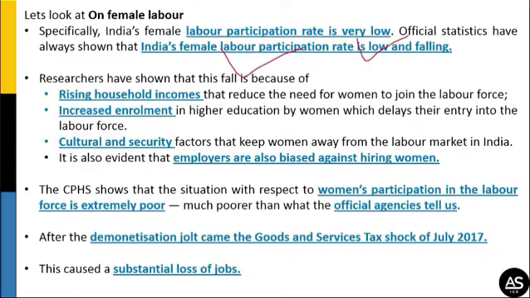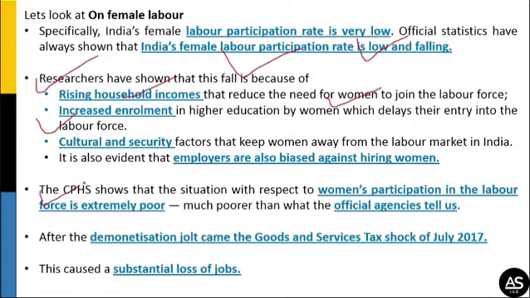Researchers have highlighted some reasons why participation in the labor force is decreasing: rising household income that reduces the need for women to join the labor force; increased enrollment of women in higher education, which delays their entry into the labor force; and cultural and security factors that keep women away from the labor market in India. It is also evident that employers are biased against hiring women.